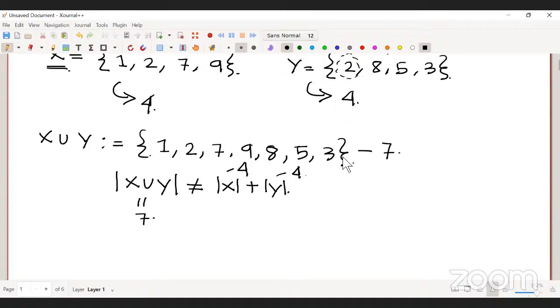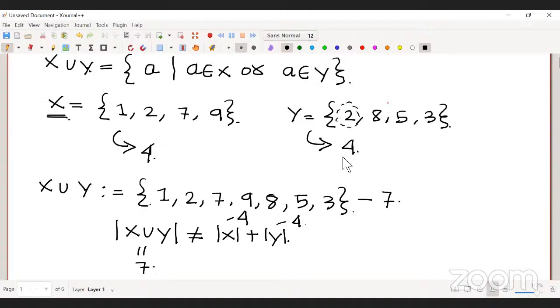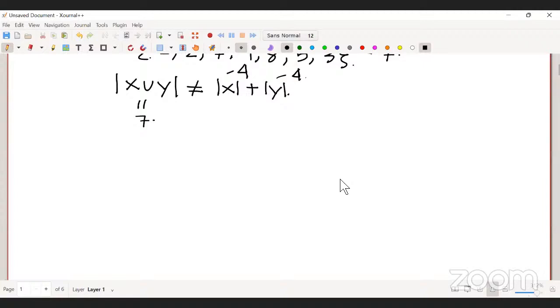Now this is pretty easy, since both X and Y are finite sets and it's really easy to deal with them. Suppose I have one more example. Suppose my X is the set of all natural numbers: 1, 2, 3, 4, 5, and so on.